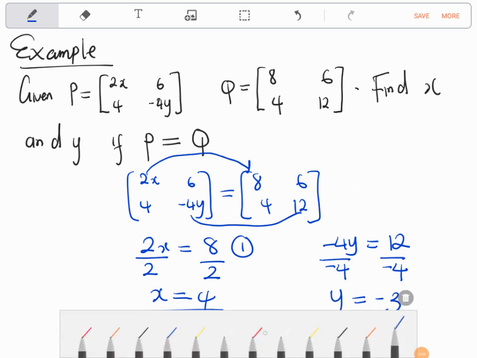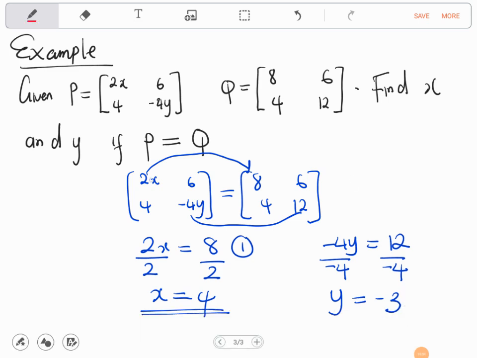Where there's x here, if I put 4, what do I get? I get 8. I'll maintain the 4, I'll maintain the 6. Where there is y, I put negative 3, and there's a negative there, that gives us 12, which is equal to this, right? Exactly. So this is another example I wanted to give you on equal matrices. I'll give you work on this, so make sure you submit on time.